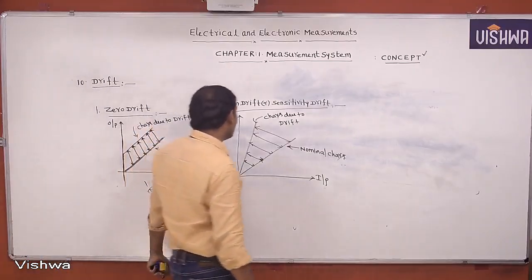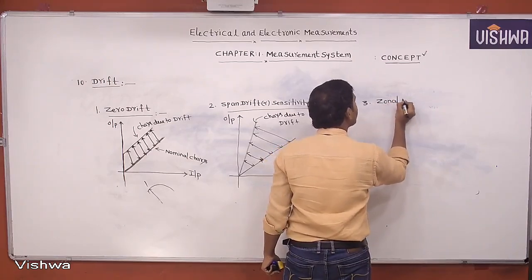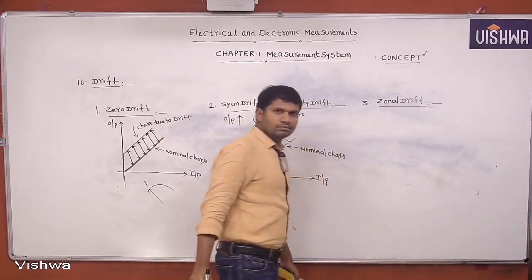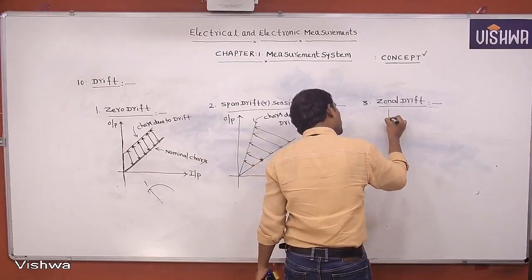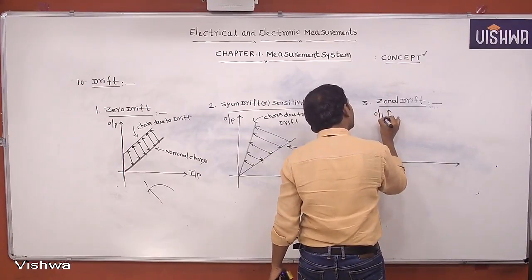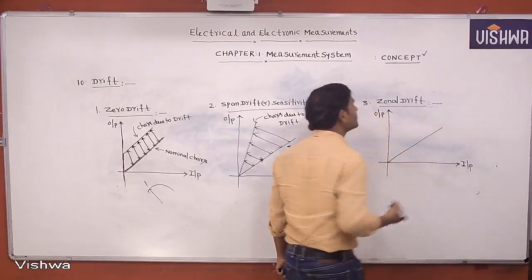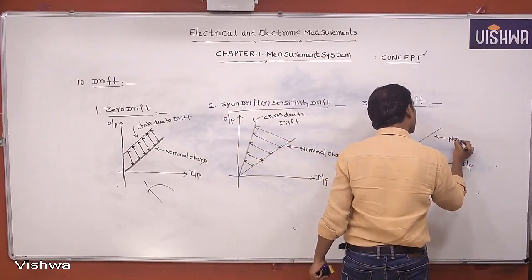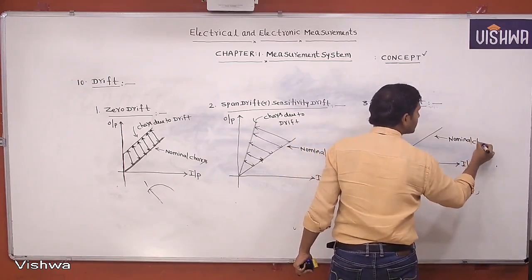Then one more drift characteristic, the zonal drift characteristics of an instrument. How to define zonal drift characteristics? The name itself indicates that up to some portion only we get drift, and in the remaining portion we don't have any drift. These are the nominal characteristics, the true characteristics without drift.